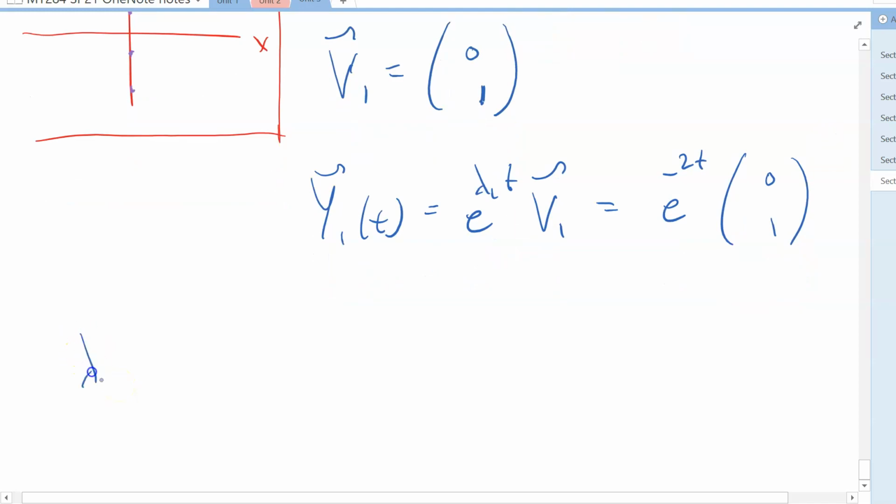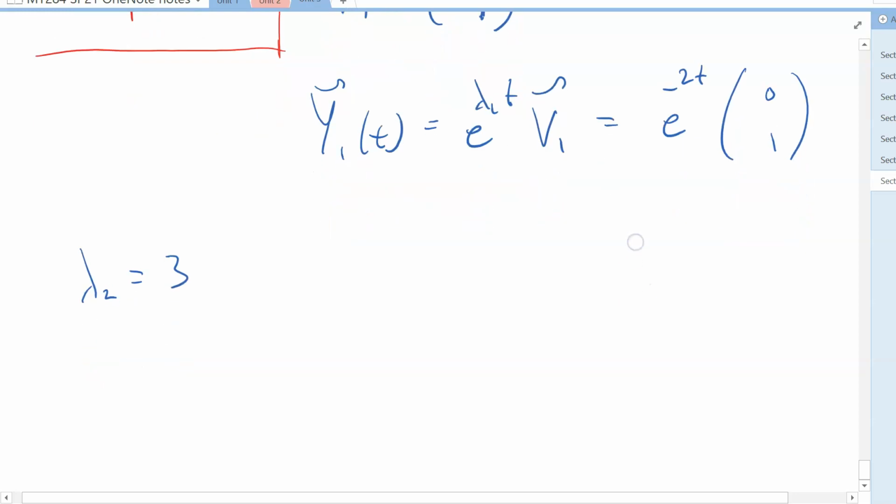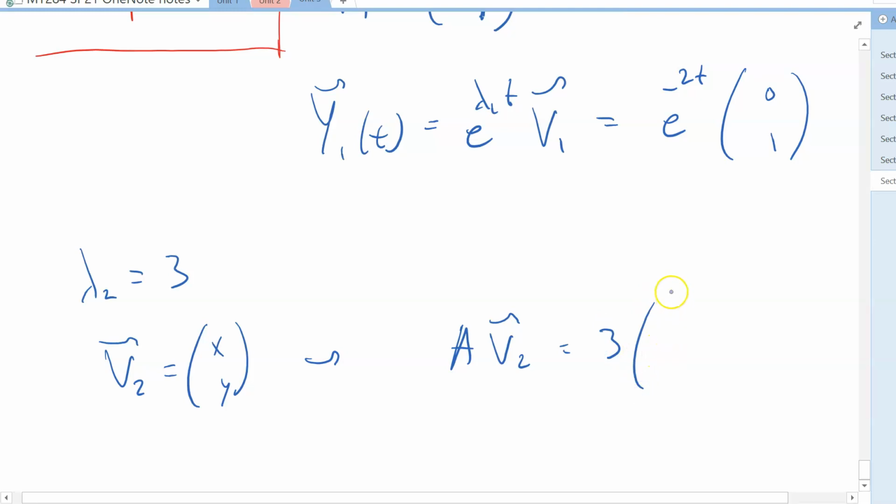Now we have to do the same thing for lambda 2, which was 3 in our example. So we have to find a non-zero eigenvector v2 that satisfies the matrix A times that vector v2 has got to equal our eigenvalue, which is 3, times that vector v2.